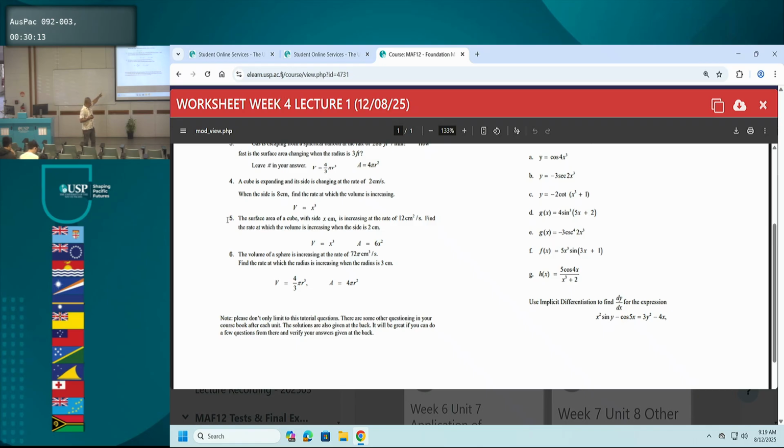We need to work out how we get to the rate of change of volume. So let's write those down. What's the mathematical expression for rate of change of area? dA over dt, what is it equal to? 12.